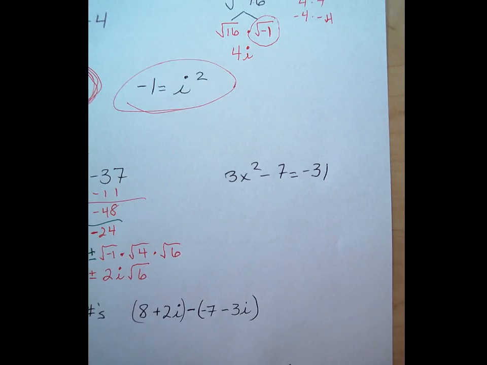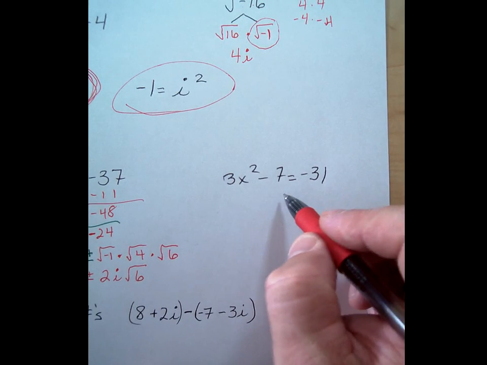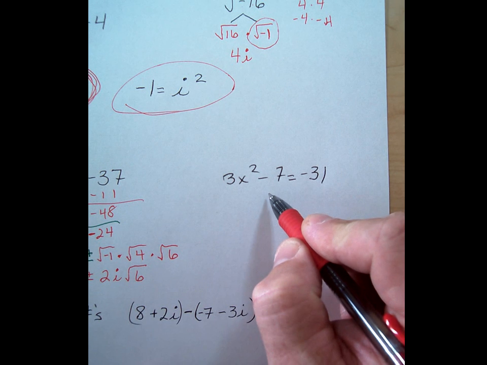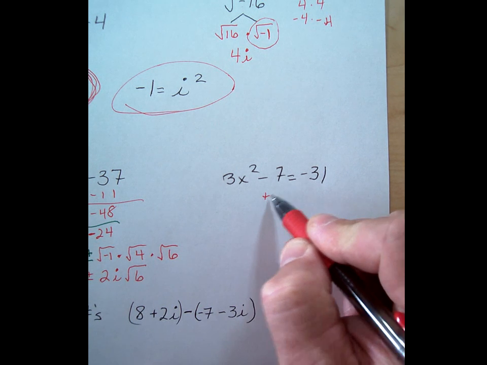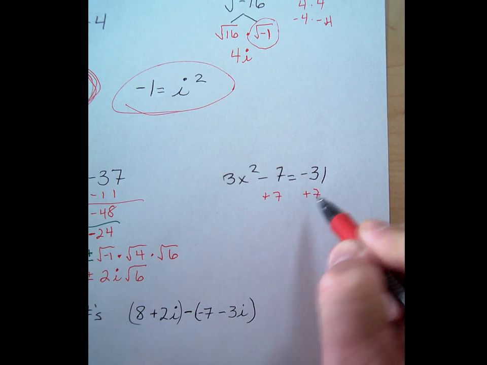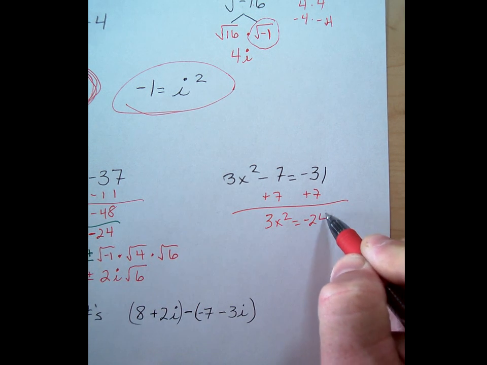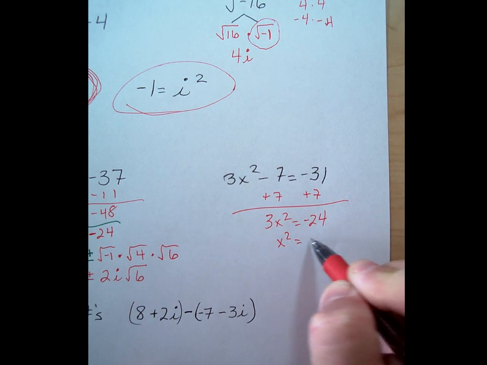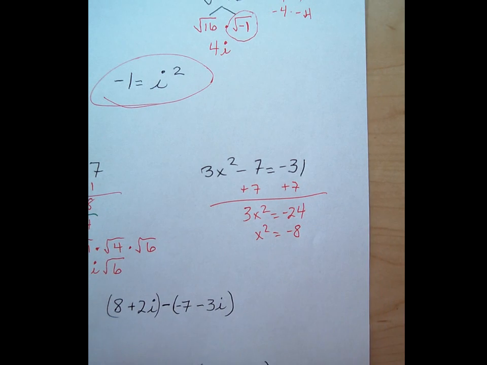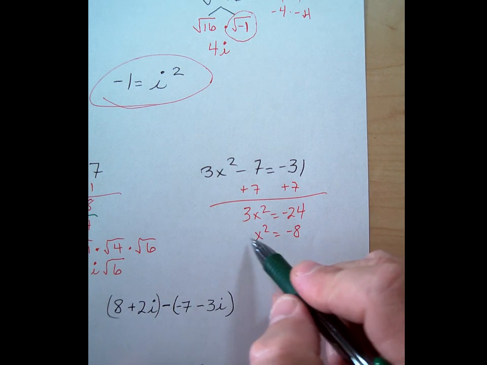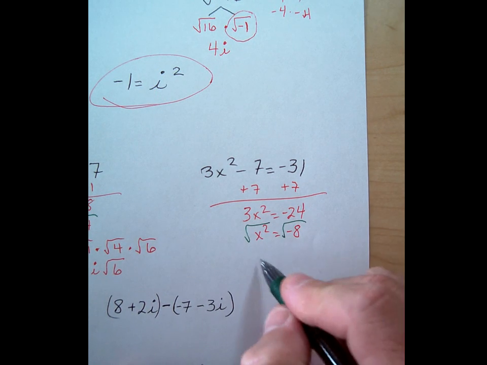Let's try another one real quick. See if you can do it. Stop the video and then come back to it. That's the easiest way. Okay, we got a negative. Square root both sides. This will be x.